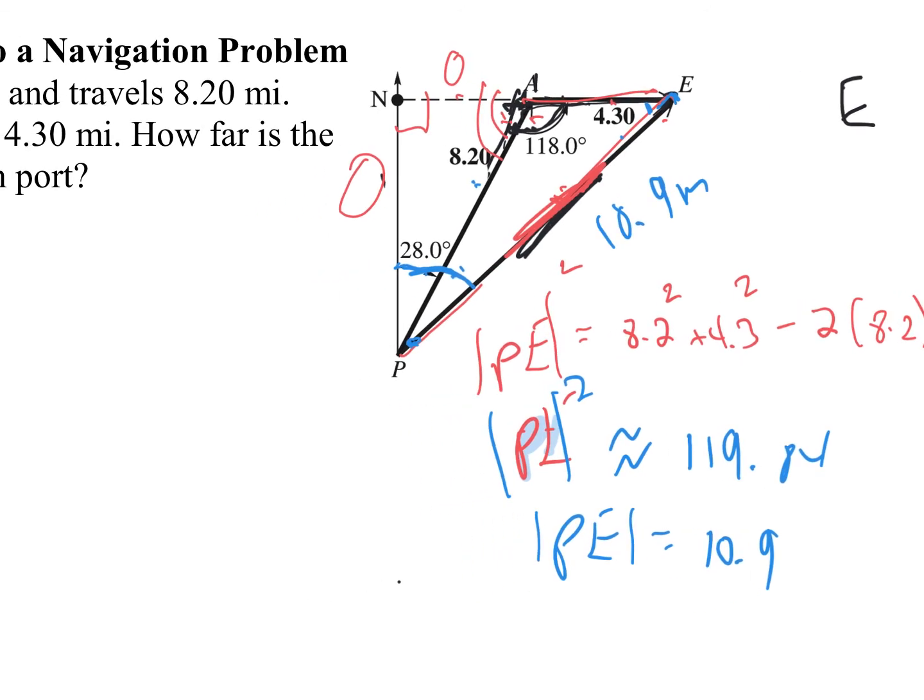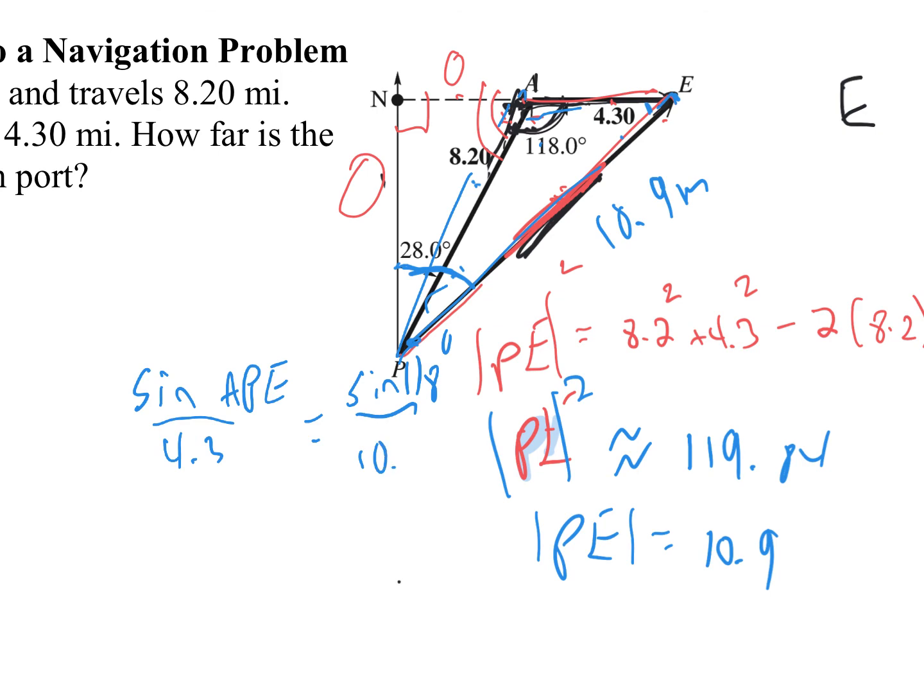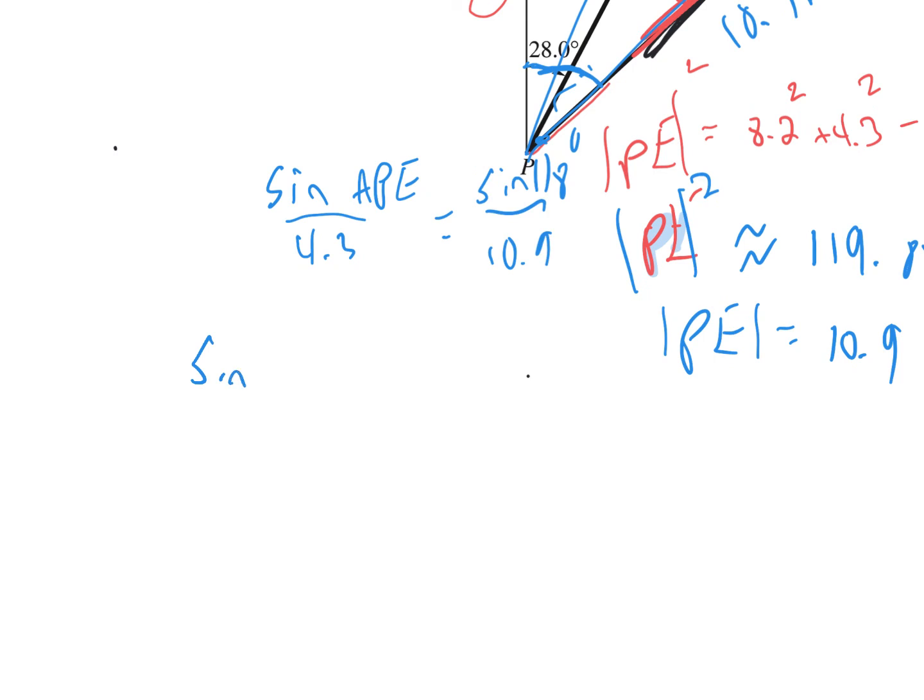So I'm looking for sine of APE over 4.3, equals sine of 118 degrees over the last answer, the 10.9 that I just did. That'll work out fine. So sine of the angle is equal to 4.3 times sine of 118 over 10.9.